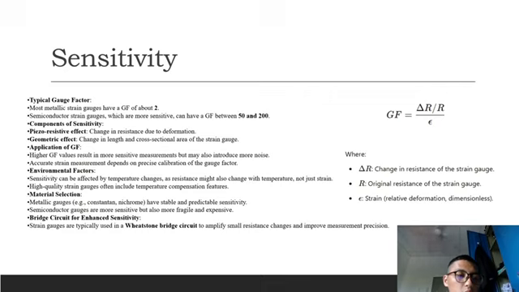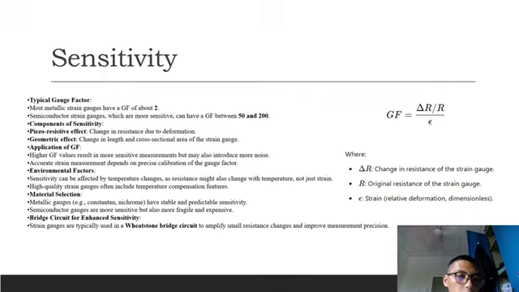A simple explanation: the typical gauge factor is, most metallic strain gauges have a gauge factor of about two, and semiconductor strain gauges are higher. Component of sensitivity: the piezoresistive effect, change in resistance due to deformation, and geometric effect, change in length and cross-sectional area.